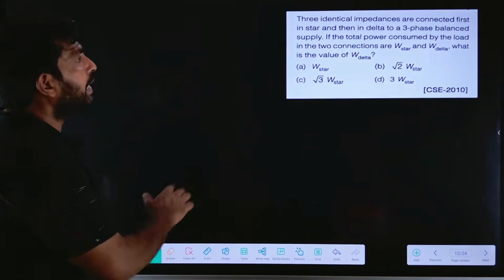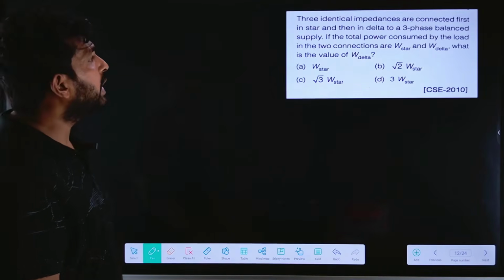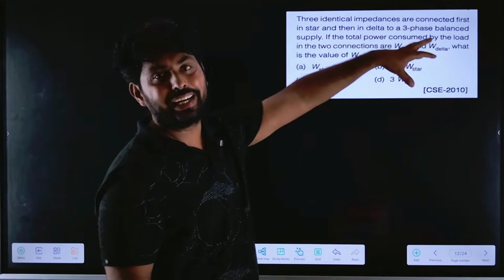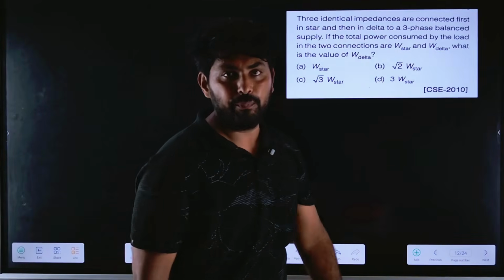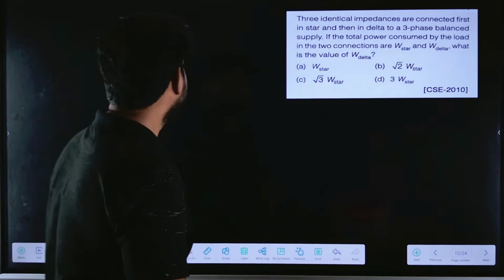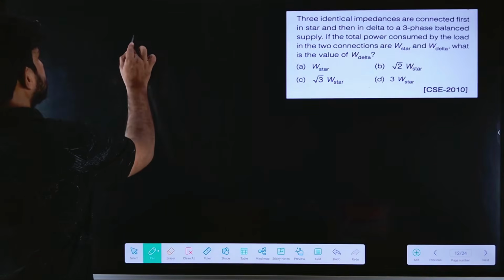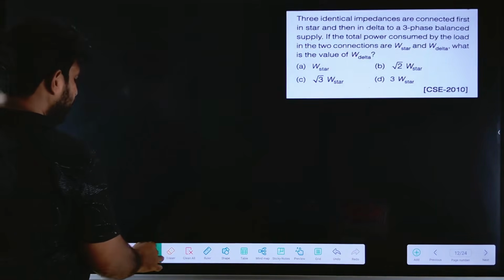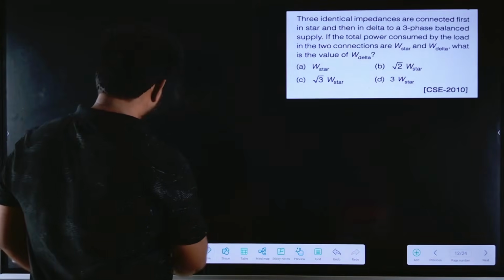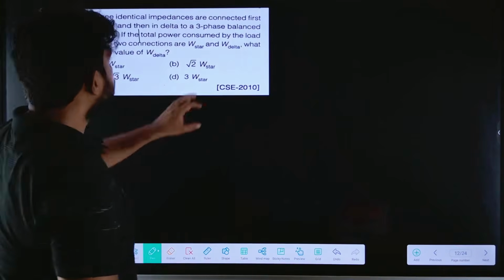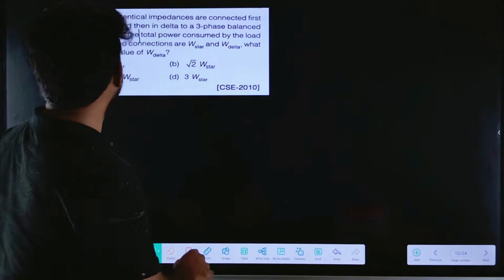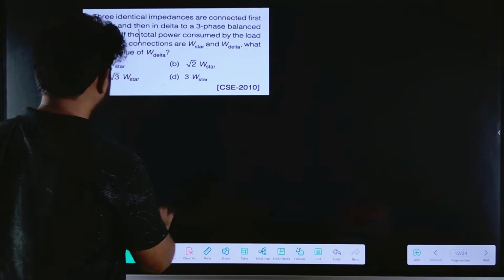Now let us see this one. Here three identical impedances are connected. First they are connected in star and then they are connected in delta. So let me explain this problem. Here three resistances, three impedances are there.